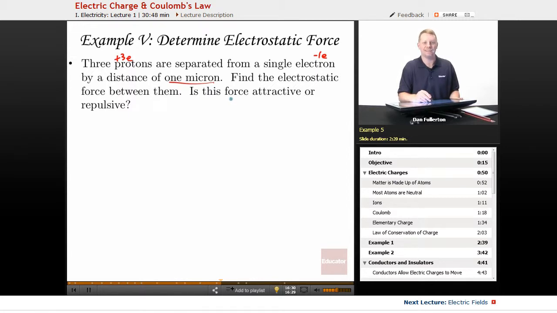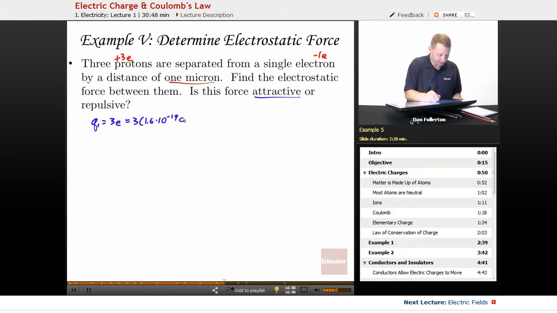Well, let's do the easy part first. Attractive or repulsive? They're opposites. They must attract. All right, let's find the magnitude of that force. Our first charge, Q1, is 3 elementary charges, which is 3 times 1.6 times 10 to the minus 19 coulombs, or 4.8 times 10 to the minus 19 coulombs.